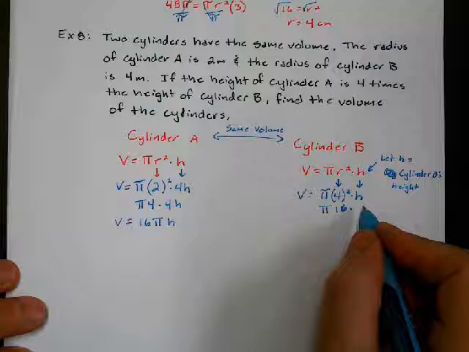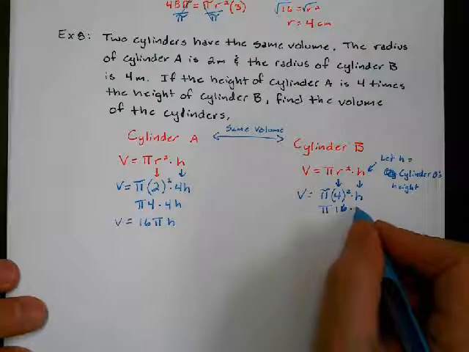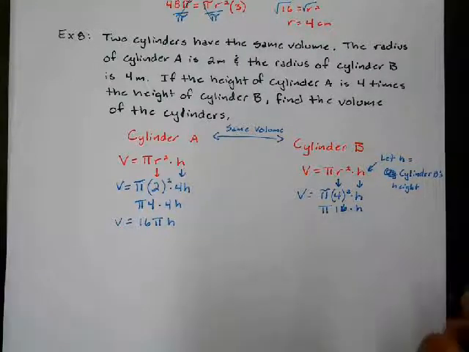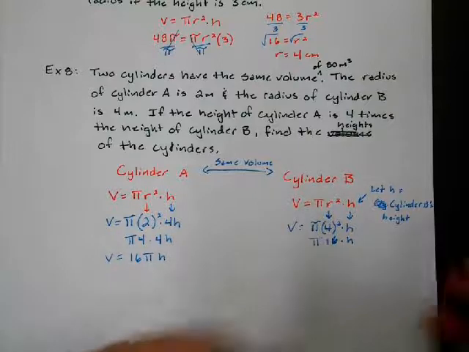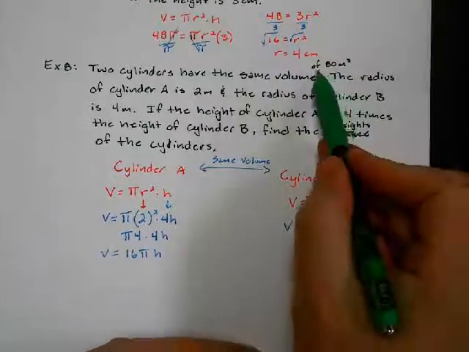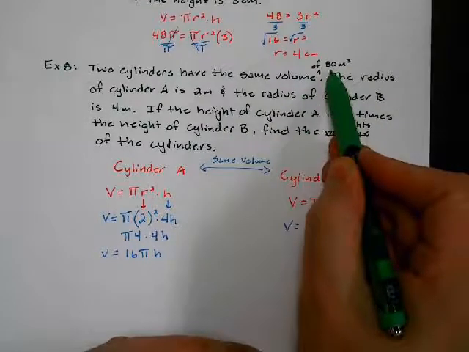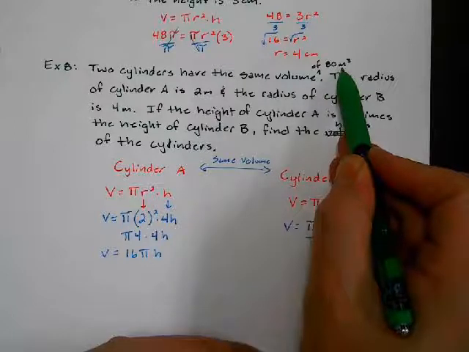Let me double check to see if I wrote down the problem wrong. I might have. I figured out my mistake. I didn't copy down the problem correctly. So this should have been, they have the same volume of 80 meters cubed. And we're supposed to find the heights, not the volumes. Anyways. All right. So I wasn't paying attention, and that's fine.